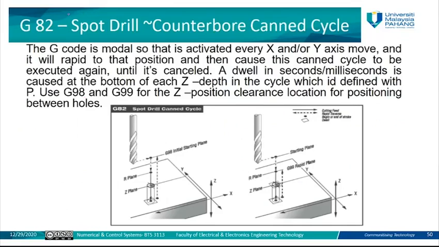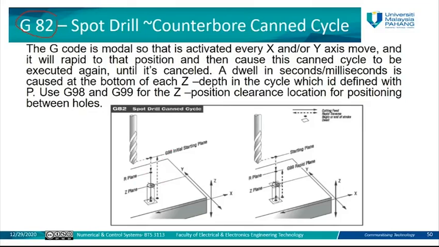The second type of drilling here is the G code 82, and 82 is more for spot drilling. So in spot drilling, you have some parameters you need to define, but in terms of the depth of the hole and the coordinates of the hole, all are the same as with G81.